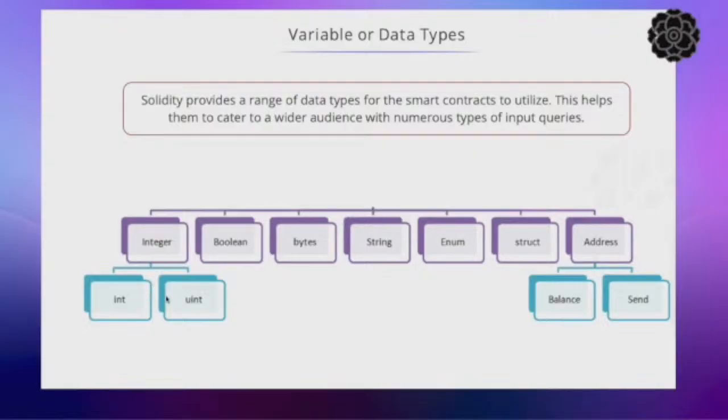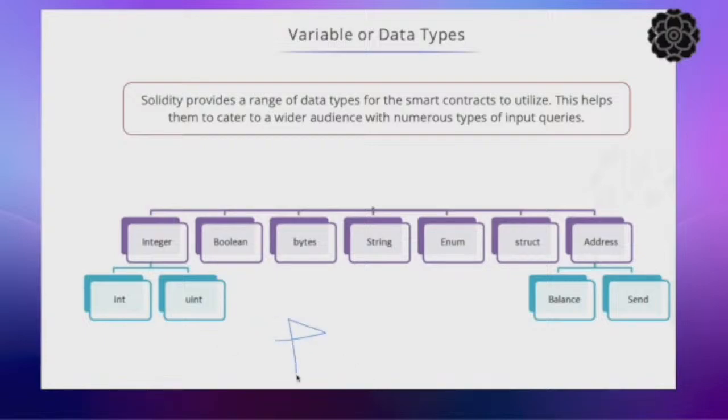So in Solidity, there are two categories of integers. One is int. The int contains both positive and negative values. And what is uint? Uint contains only positive values. It never ever accepts a negative value.